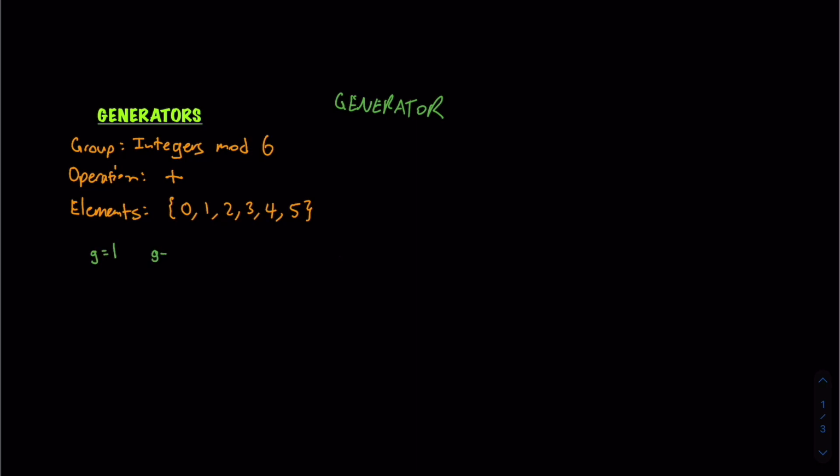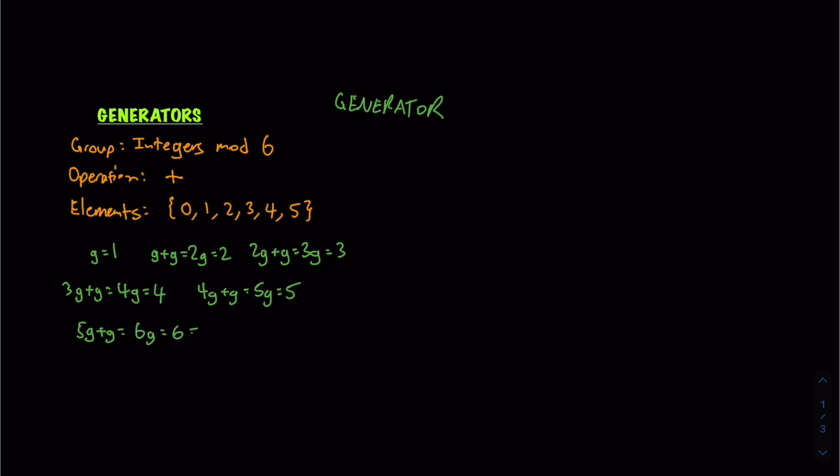G plus G is 2G, which equals 2. 2G plus G is 3G, which is 3. 3G plus G is 4G, which is 4. 4G plus G is 5G, which is 5. And 5G plus G is 6G, which is 6, and mod 6, which equals 0.